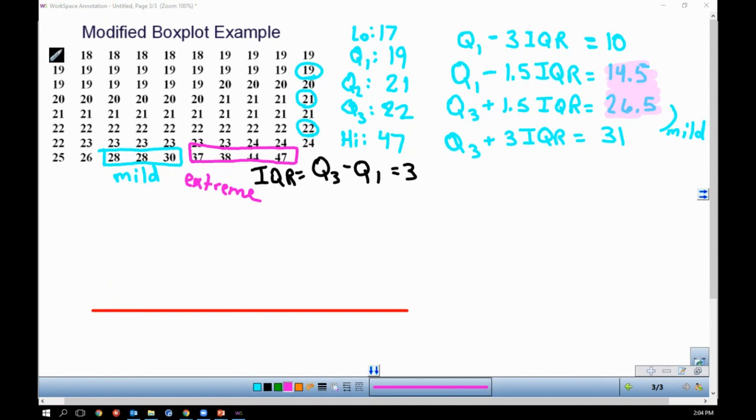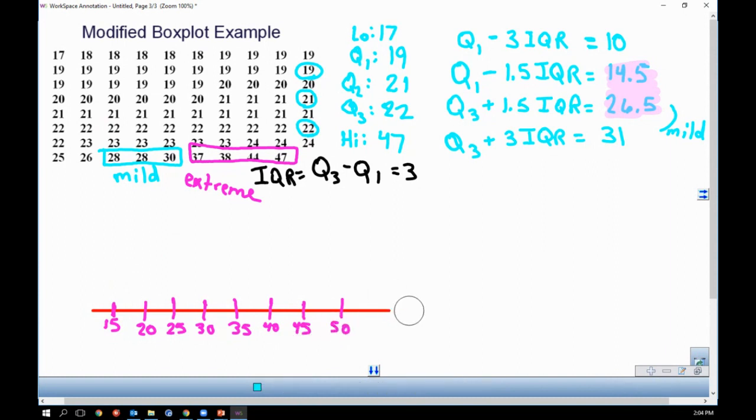I think we can start at 15 because there's a 17 right there. And yes, we can count by 5s. So 15, 20, 25, 30, 35, 40, 45, 50.